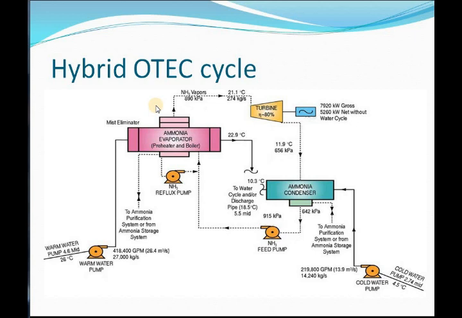So the hybrid OTEC system is utilizing both the warm sea water and also the working fluid. Okay, so both of these are used to produce a new system, wherein you are utilizing this system for the production of energy, electrical energy.